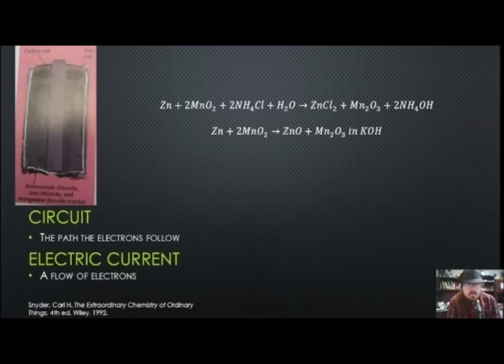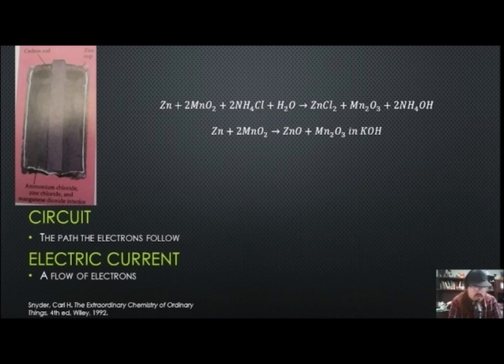Now, batteries are probably the most common application of our redox reactions, our oxidation reduction reactions. We can have lead acid car batteries, we can have nickel cadmium batteries in our tools. Probably the most common one we've heard of is alkaline batteries, which are AAAs or AA batteries.